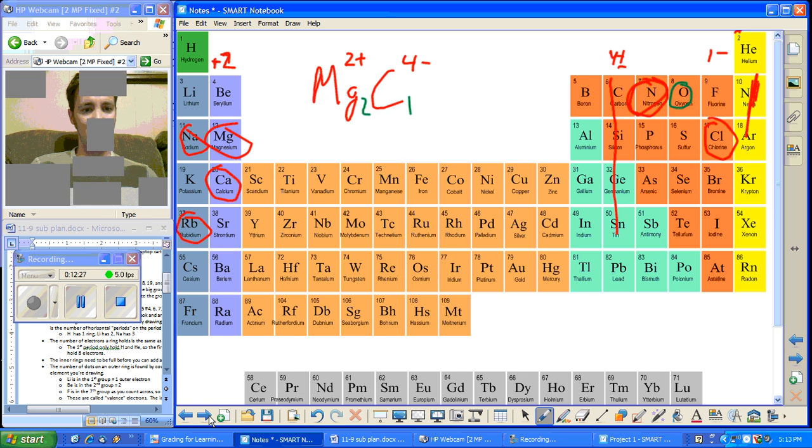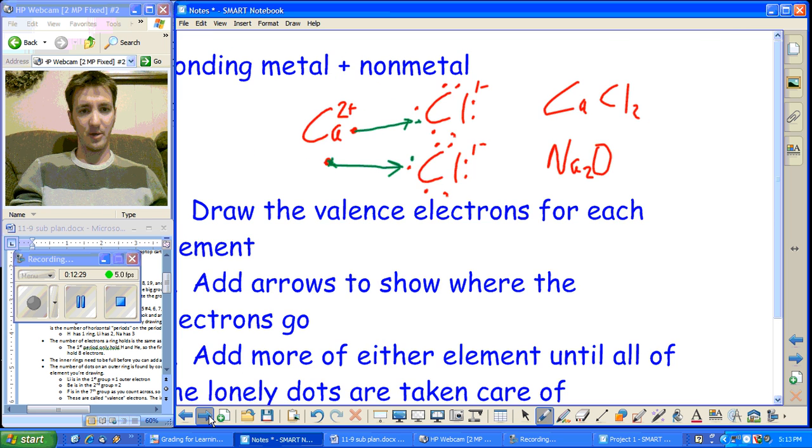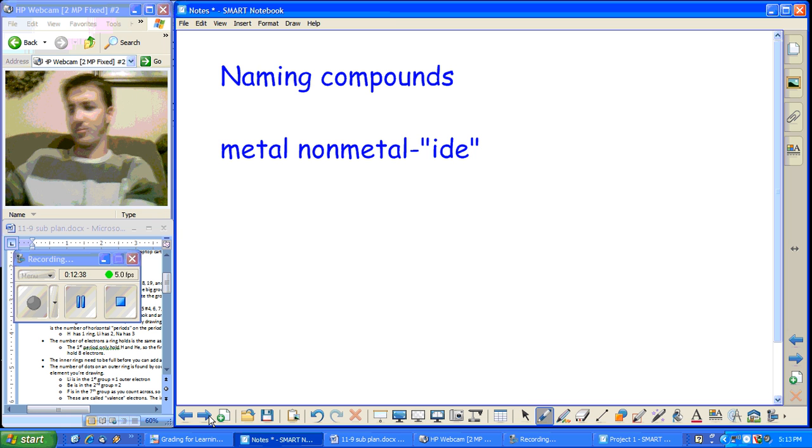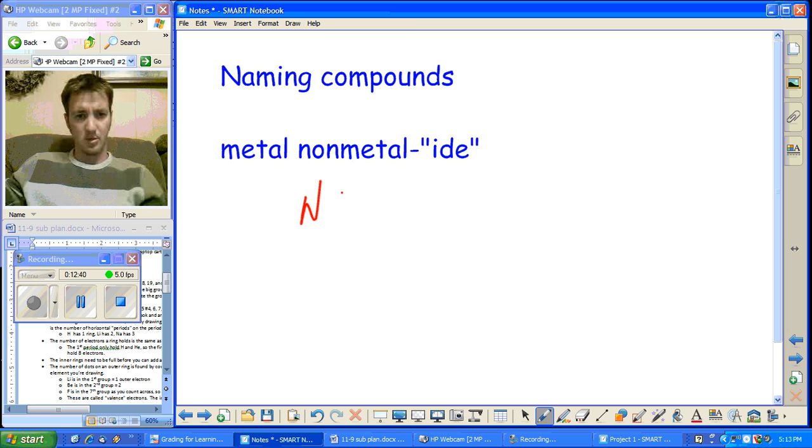One last thing with this, and that is to look at the naming, which I've said the names a couple times of things. So we had sodium and oxygen, Na2O. The naming is just metal, which is always written first, then non-metal, and you change the N to IDE.